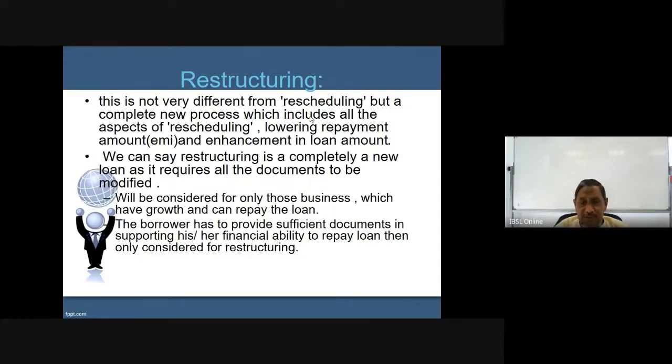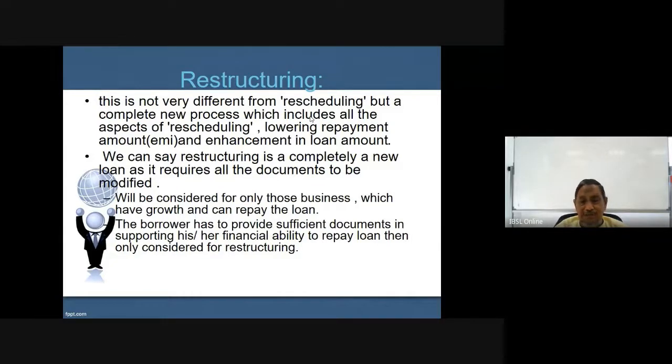Restructuring means completely changing the structure of the facility. This is very different from rescheduling, but it is a complete new process which includes all the aspects of rescheduling: lowering the repayment amount, an enhancement in the loan amount, and also changing the terms and conditions.